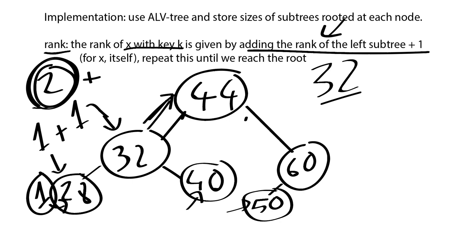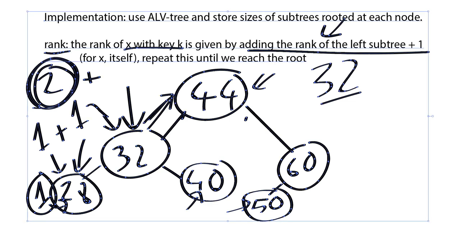And indeed, if you take an in-order traversal of this tree, you'll see that 32 is the second element. It's the second smallest element here, and indeed it is rank 2. Okay, so that's for rank.